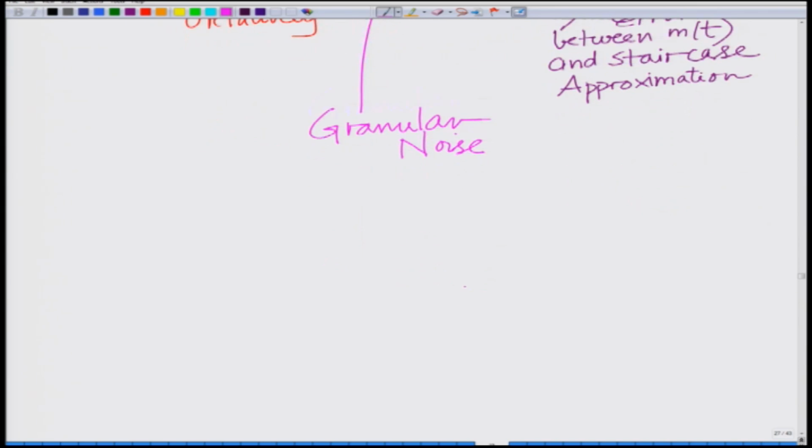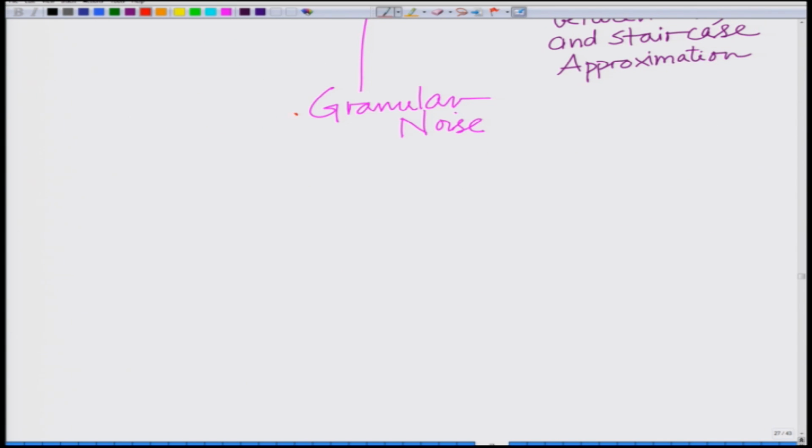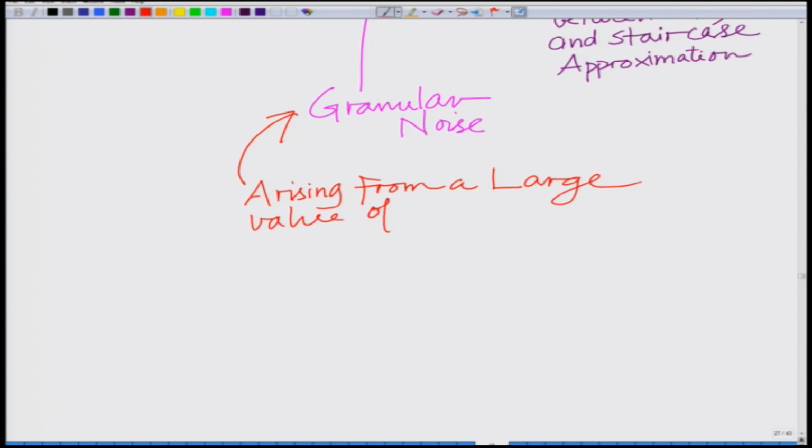All right, and granular noise is arising from a large value of step size delta when the signal is relatively flat.